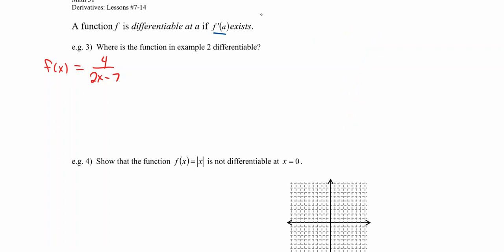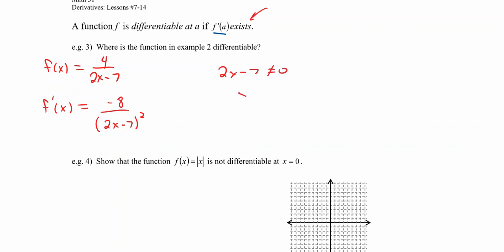But sticking to our definition here, I could also look at the derivative of f of x, which ended up being -8 over the square root of, 2x minus 7 squared. We end up with the same thing: this is still going to be where we're dividing by 0. So let's make ourselves a little equation: 2x minus 7 cannot equal 0.